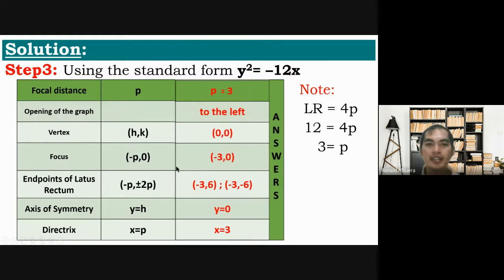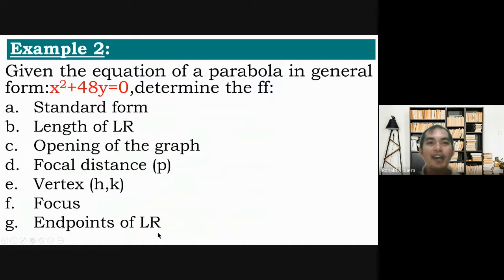Using method 1, you just substitute the value to the given formula doon sa table. We have another method. Okay? Ang method natin is applying technique. I-apply daw natin dito sa pangalawang example how to apply the technique without substituting to the formula in the table.